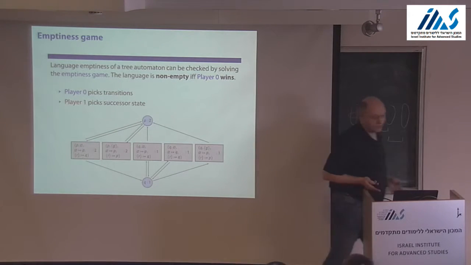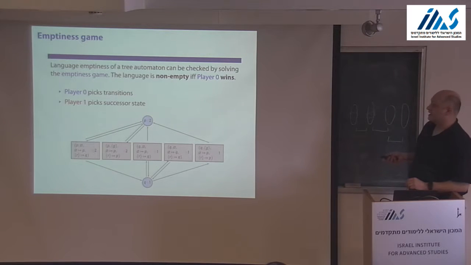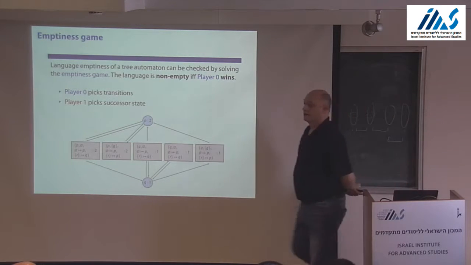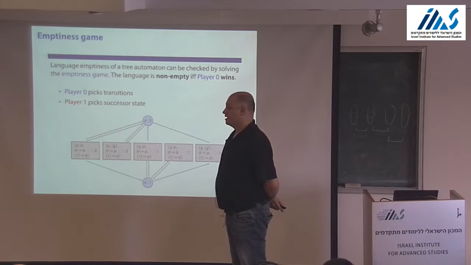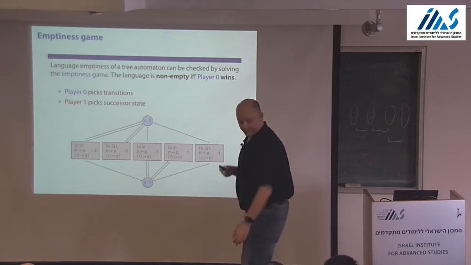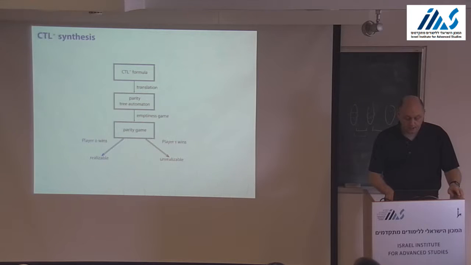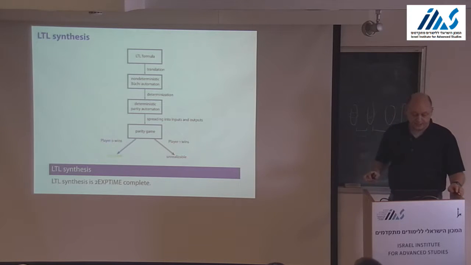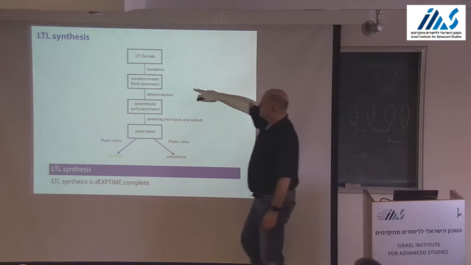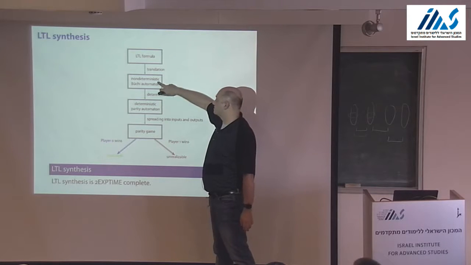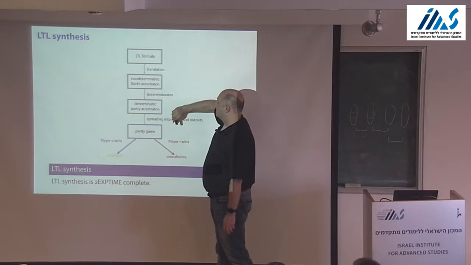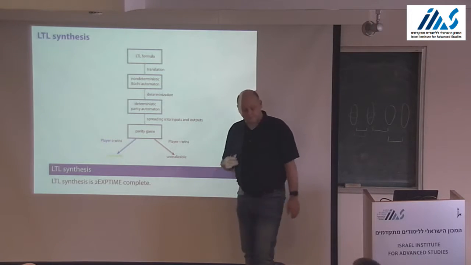All right, so the result is that, yes, please. Why non-determinism? The question is, here we have non-determinism in the tree automaton, while yesterday we had a long discussion about why we need to go to the deterministic word automaton rather than the non-deterministic automaton.